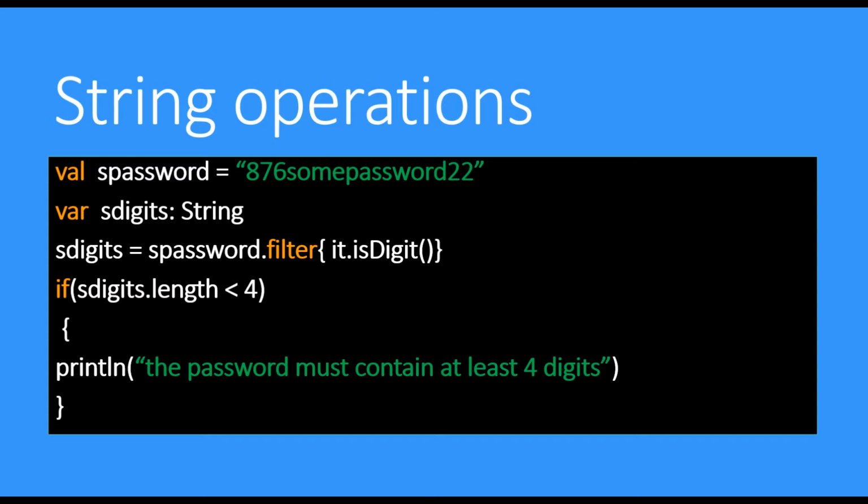So we will get a string containing all digits from that password. Then to find out how many digits are in this string, we simply check the length of that string. If it's less than 4, we inform the user that the password must contain at least 4 digits. So that's the task.